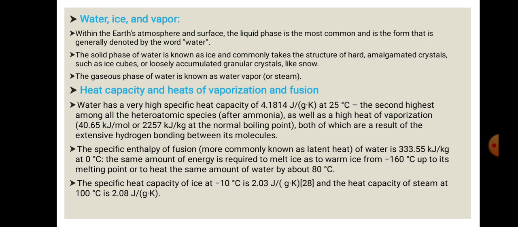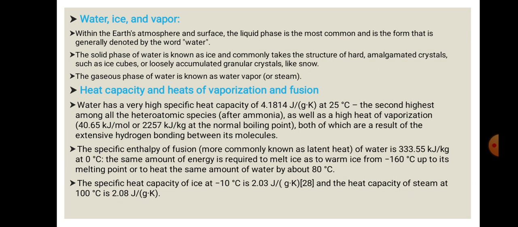The specific enthalpy of fusion of water is 333.55 kilojoule per kilogram at 0 degrees Celsius. The same amount of energy is required to melt ice as to warm ice from minus 160 degrees Celsius up to its melting point, or to heat the same amount of water by about 80 degrees Celsius.